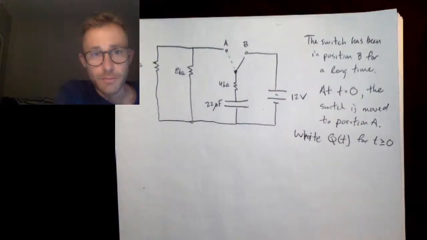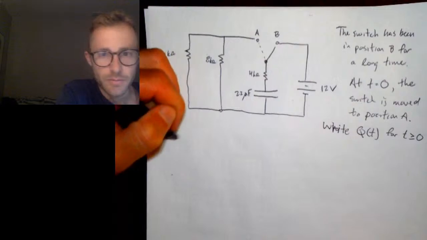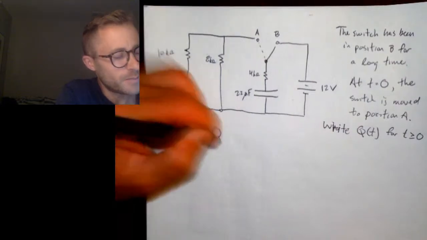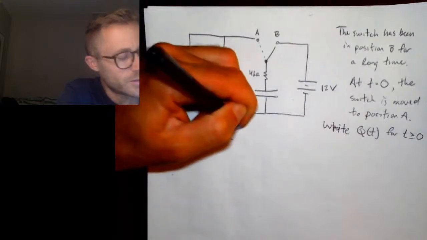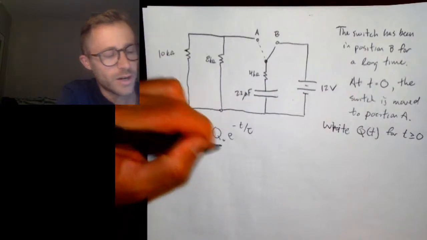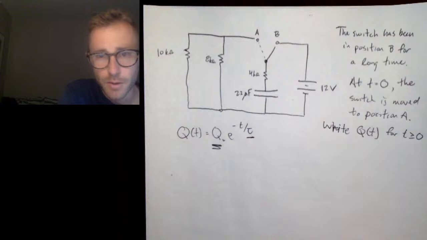So what we need to do is figure out, so we have this equation, Q of t equals Q naught e to the minus t over tau. So we need to figure out what is Q naught, and we need to figure out what is tau. Okay?